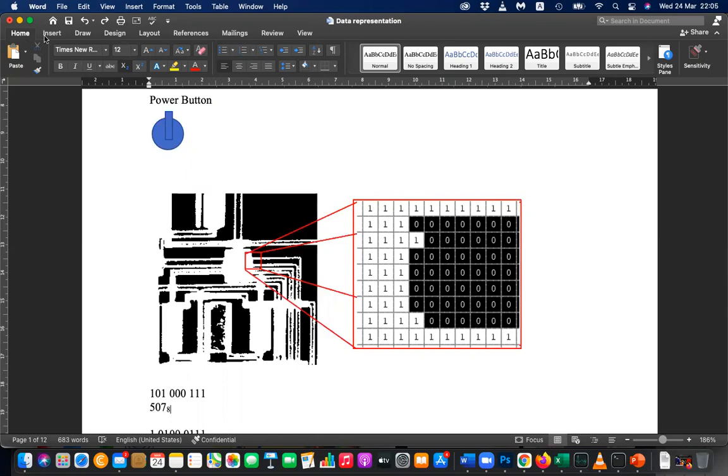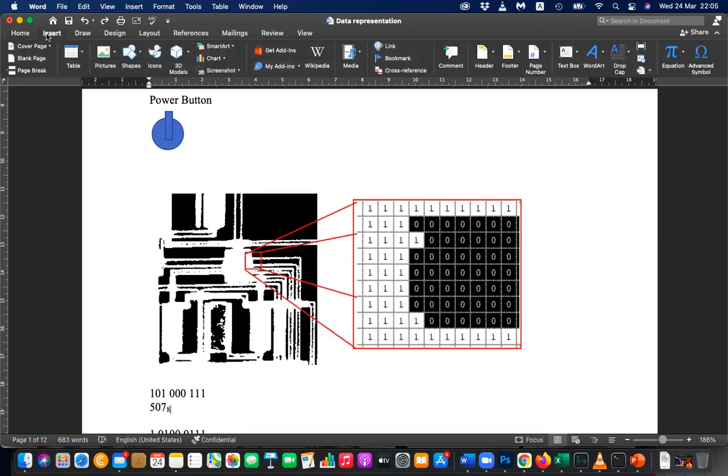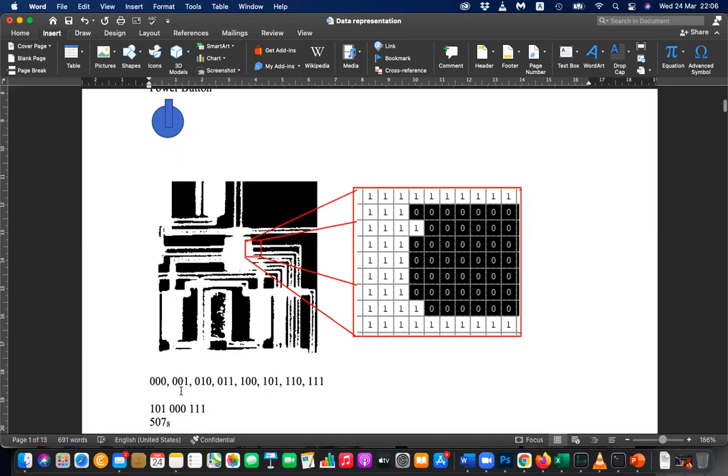For example, let's say it has 8 colors. 8 colors means you need at least 3 bits to represent 8 colors. I think you can remember the basics of number systems. If you have 8 colors, these are the possible values that 8 colors can get: color 1, color 2, up to color 8.